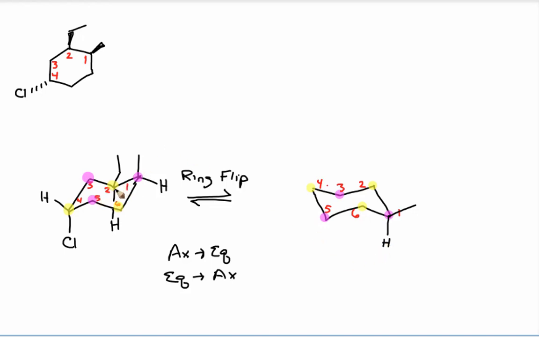On carbon 2, our equatorial ethyl becomes an axial ethyl, and our axial hydrogen becomes an equatorial hydrogen. And finally, on carbon 4, our axial chlorine becomes an equatorial chlorine. Our equatorial hydrogen becomes an axial hydrogen.